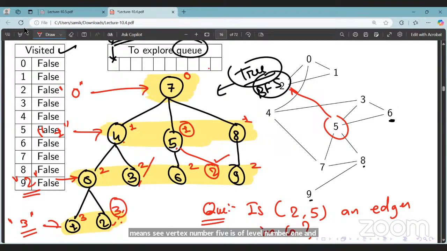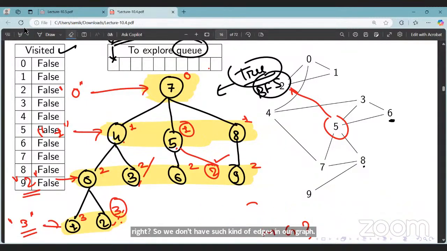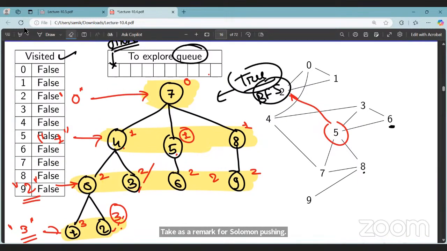It is not possible to connect such vertices when there is more than one level difference between them. So we don't have such edges in our graph. You can take this as a remark for solving questions, because there are questions that ask whether it is possible to draw an edge from 2 to 5 in our graph by just observing the BFS tree.